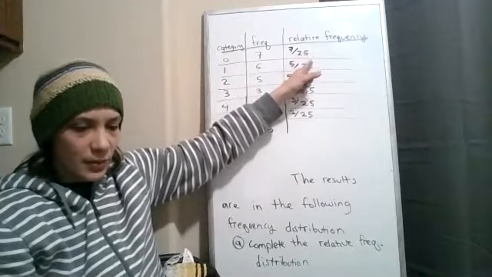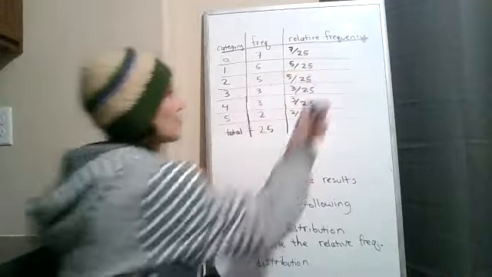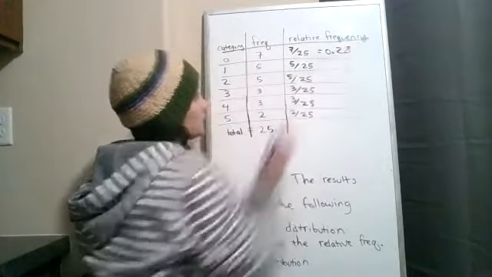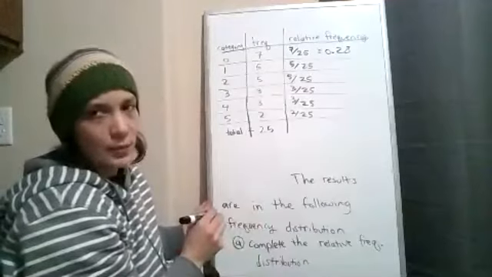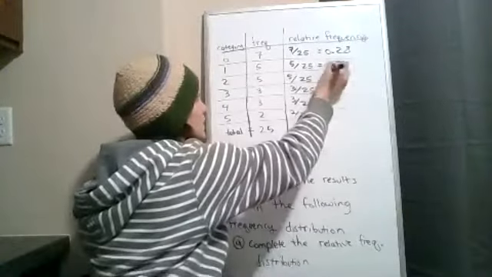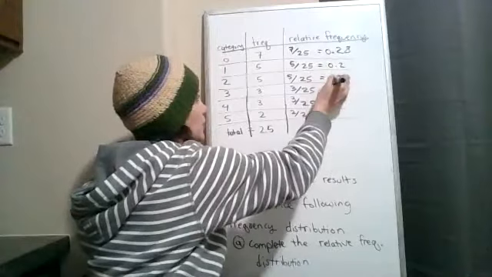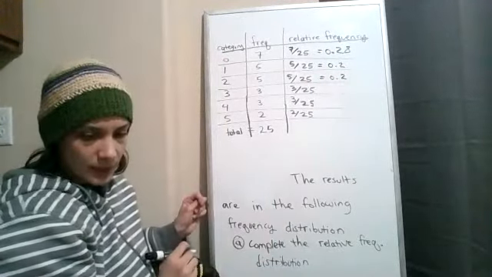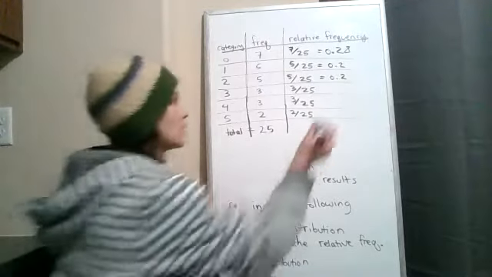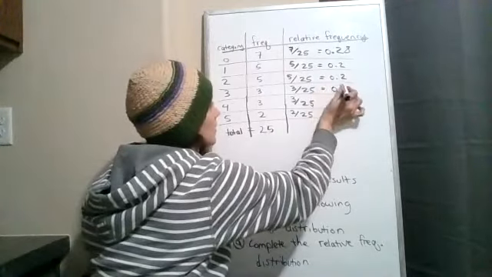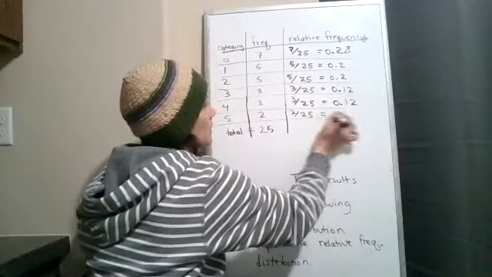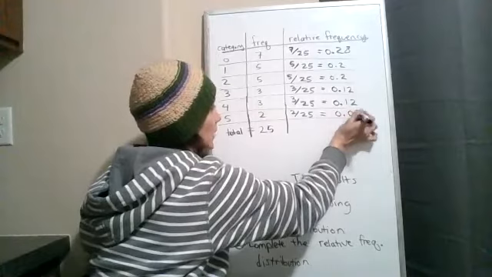So 7/25 was 0.28. Five over 25 is 0.2. Got 0.2 again. 3 over 25 is 0.12. Another one of those. This one is 0.08.